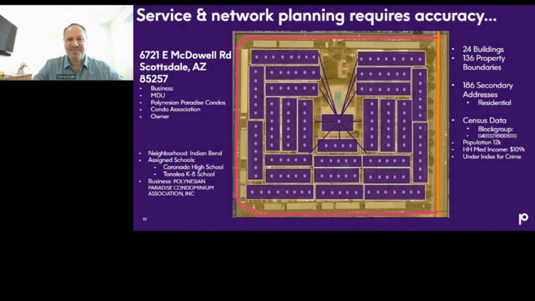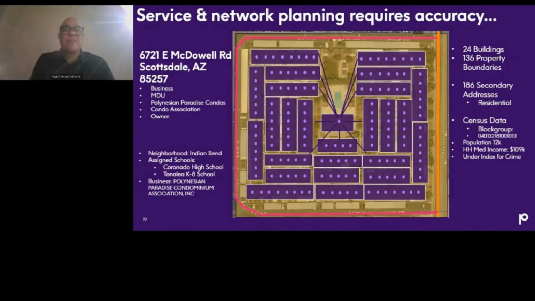It looks like an apartment complex, right? And it looks like it has 24 buildings and 186 secondary addresses. We've enriched it with census data to better understand the population that lives in this property so that we can make smarter offers to them.